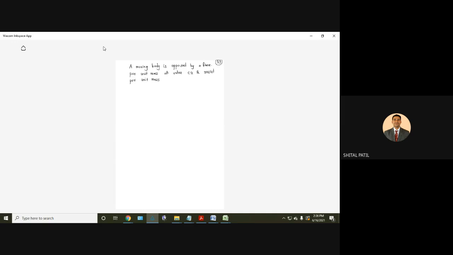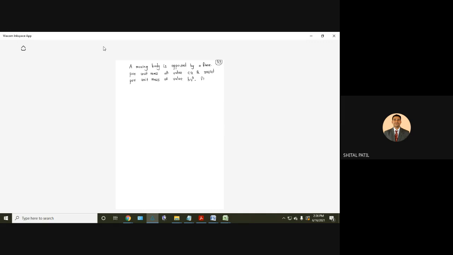So both of them, you might have understood, both of them are opposing force, resistance per unit mass of value bv square. Okay.